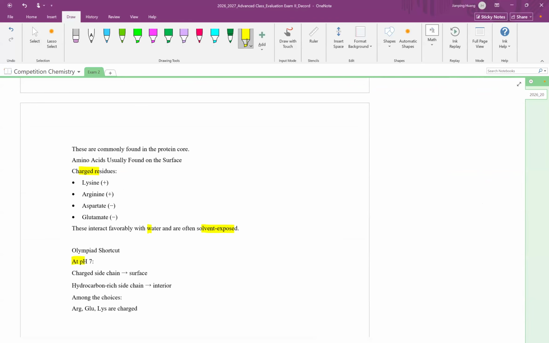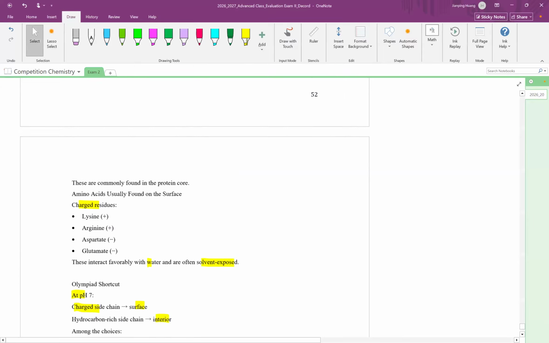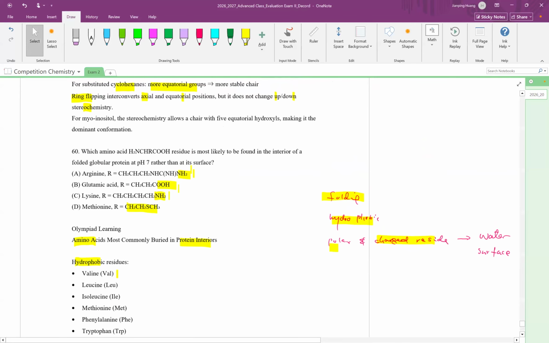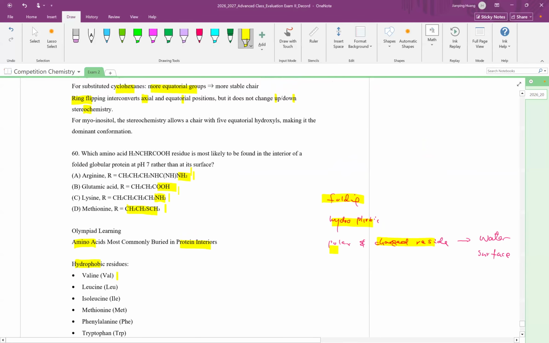At pH 7, charged chains go to the surface. Hydrophobic goes inside. Oh, I think that's it. So this one will go inside, and that's the discussion.